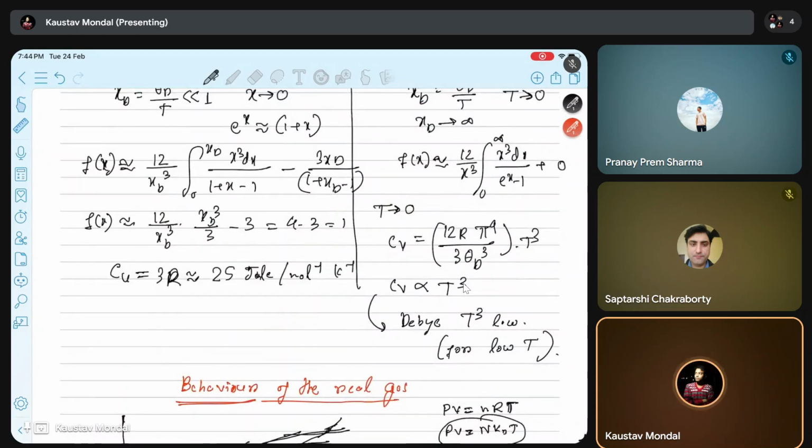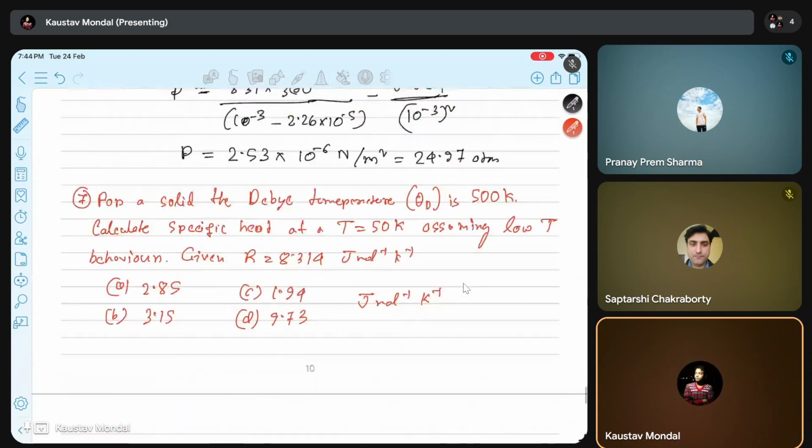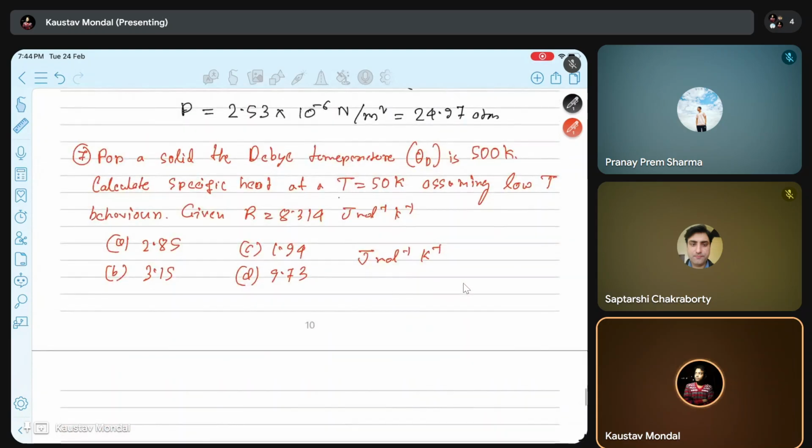But the exact expression looks like this. You have to use this expression. You can see in the problem that the temperature is 50 Kelvin and the Debye temperature is 500 Kelvin. So the temperature we are measuring is much smaller than theta D, and for that reason we are considering the low temperature case.